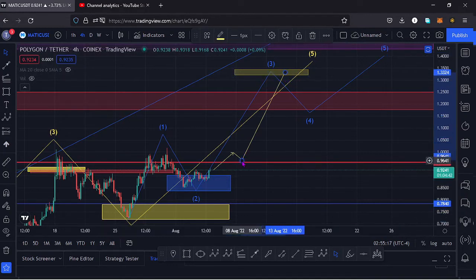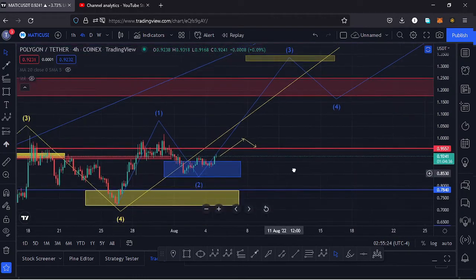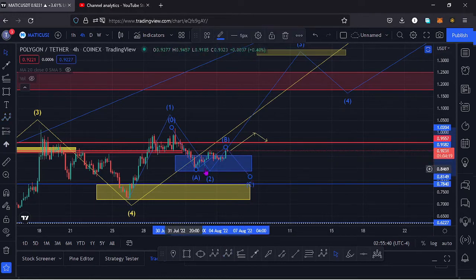And it's also possible that maybe the low for that wave 2 is not yet in, and what is forming here might be the ABC correction. And at the moment we can draw this as the wave A, then this as a wave B, and soon we might see a wave C making a low that is below this low that we made over here, and that could maybe maximize that target area and maybe take us to around the $0.78 mark.